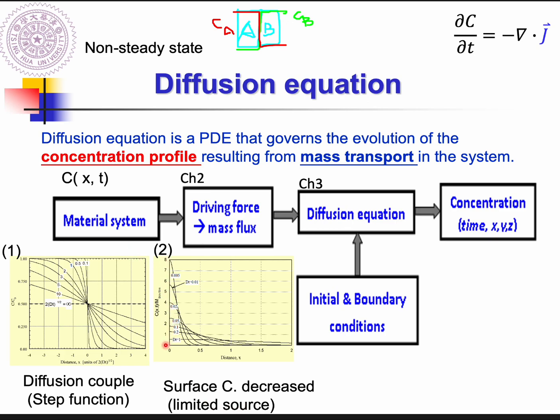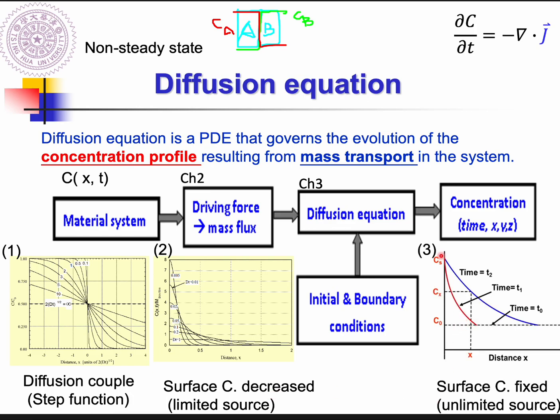We deposit a very thin layer on top of our substrate and allow diffusion to happen. Due to the very thin and limited diffusion source, we can observe the surface concentration decrease with time. So this we call the surface concentration decrease case.